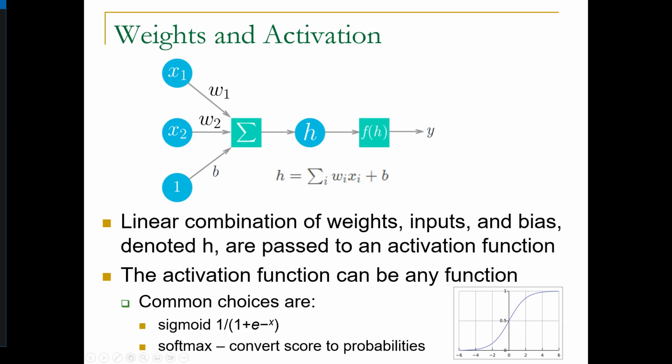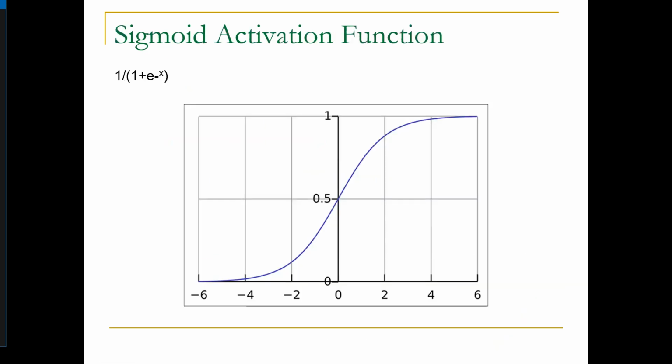So let's look at that a little bit more closely. We have this activation function here, 1 divided by 1 plus e to the minus x, and here is this nice, smooth, continuously differentiable curve. Think of what we're trying to do. We're trying to threshold the output.